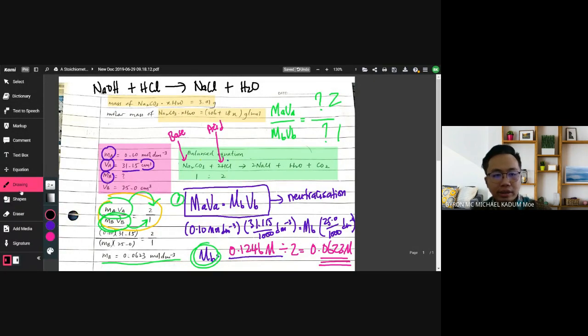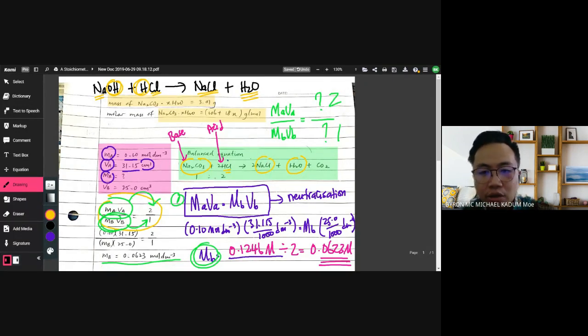So kalau kamu tengok di sini, so saya guna BM lah dulu, terangkan, baru kamu mungkin lebih mudah faham. Ini adalah Na, dia gabung dengan Cl, dapatlah NaCl. Ini adalah OH, dia gabung dengan H ini, dapatlah H2O. Tapi sekarang kita ada Na2CO3 dengan HCl. So dia mesti hasilkan air, okay, dan dia akan hasilkan garam juga.